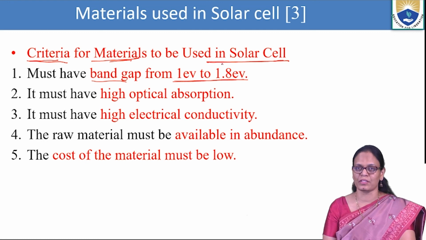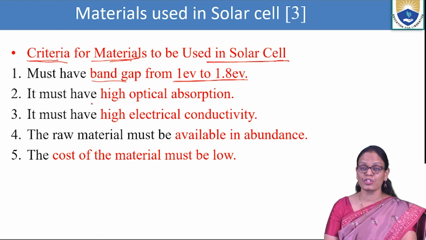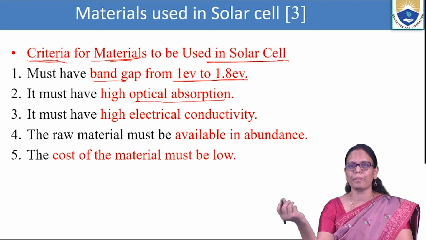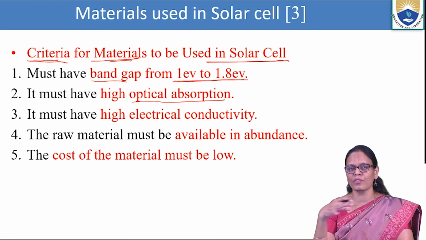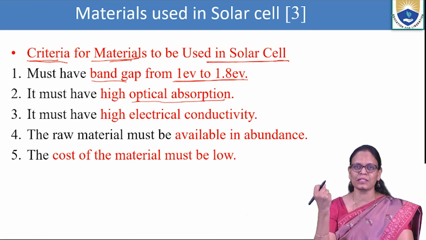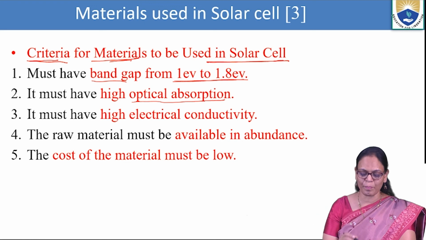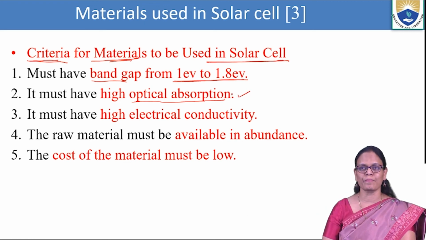So it is moderate. And it should also have high optical absorption, meaning the absorbing capacity should be high. When light falls onto the surface of the solar cell, it should have the capacity to absorb. So the material should be like that.